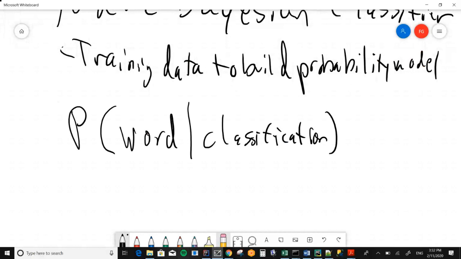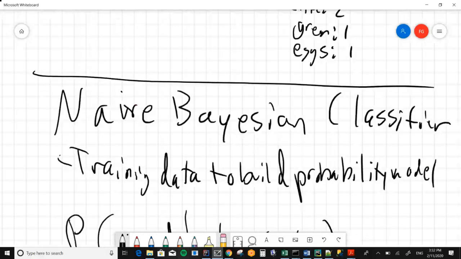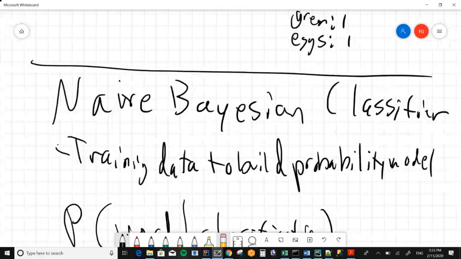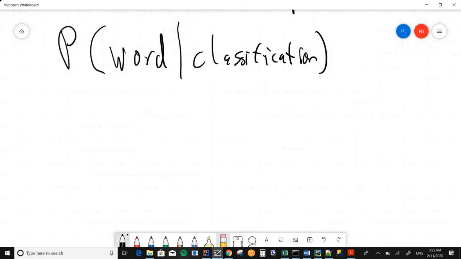More concretely, you might wonder something like, what's the probability that the word do appears given that it is classified as a Dr. Seuss? Okay. And what's interesting about this idea is that it's actually fairly easy to calculate by counting. Again, you can use a histogram to just count how frequently does this happen.